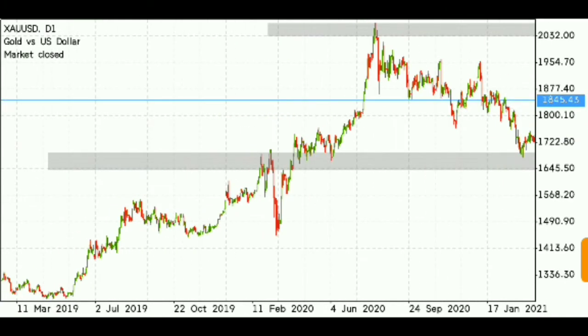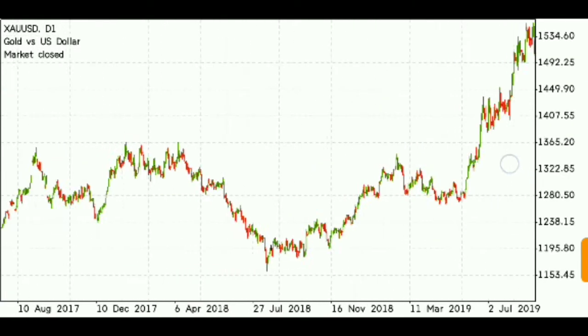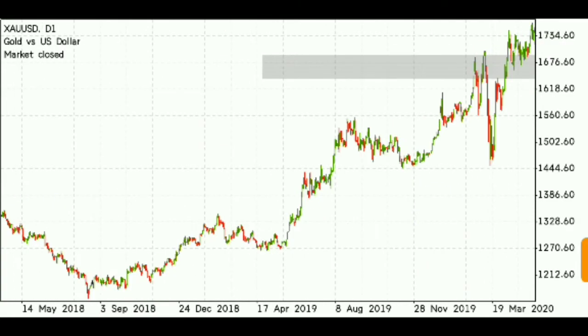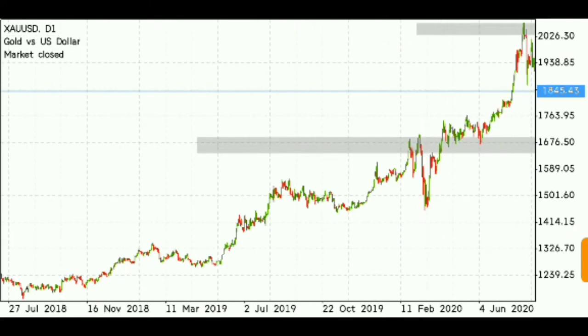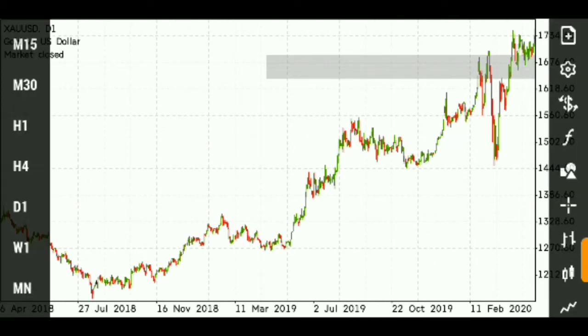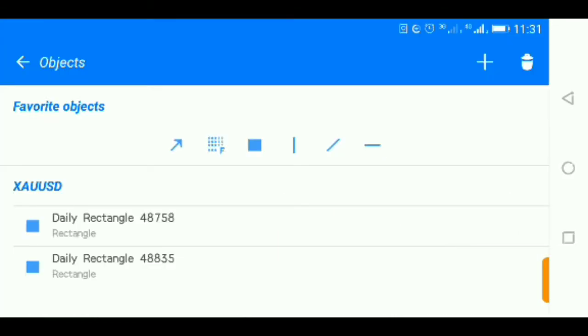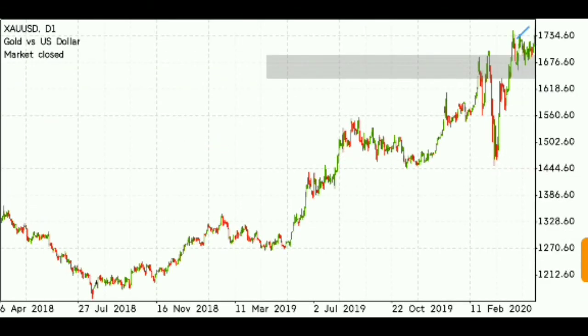Now, you also saw your trend resistance and support I talked about earlier. For this trend resistance and support, you can use your slanting line right here.